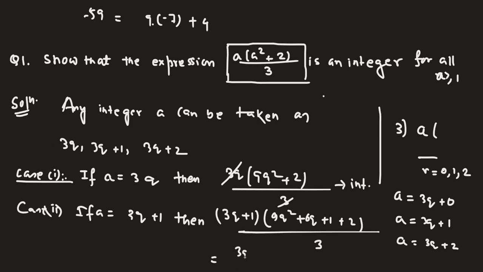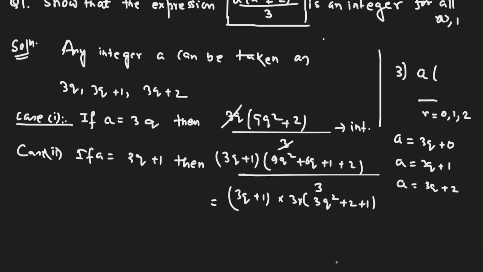So the first one is as it is, 3q plus 1. From the last term you can take 3 common: 3 twos are 6, 3 threes are 9, 3 ones are 3, divided by the whole 3. 3 and 3 cancel out. So you notice that it is also an integer.